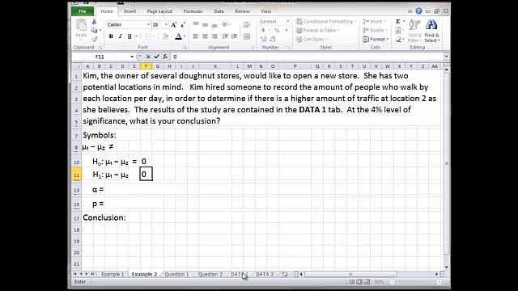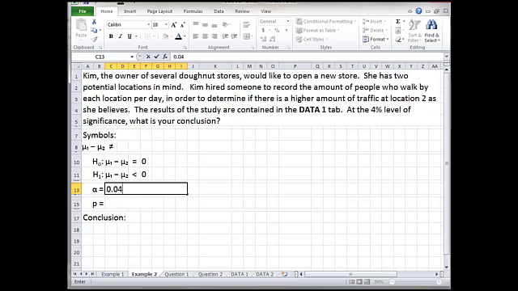So when I do location 1 minus location 2, small number minus a big number, we should be getting a negative value out of that subtraction. So if I do location 1 minus location 2, and there is higher traffic at location 2, mu1 minus mu2 should be less than 0. Our level of significance is 4%.